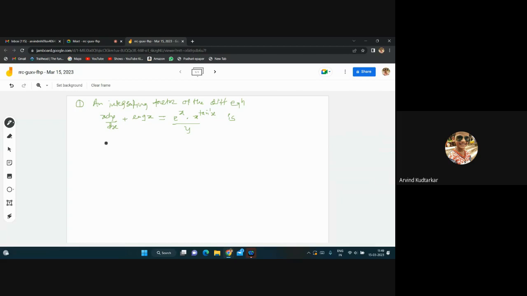Okay. So here, what is that x? We don't want the x because we know the linear form of a differential equation is dy by dx plus py is equals to q. So actually there it is x by y dy by dx plus log of x is equals to e raised to x into x raised to tan inverse of x, upon y.